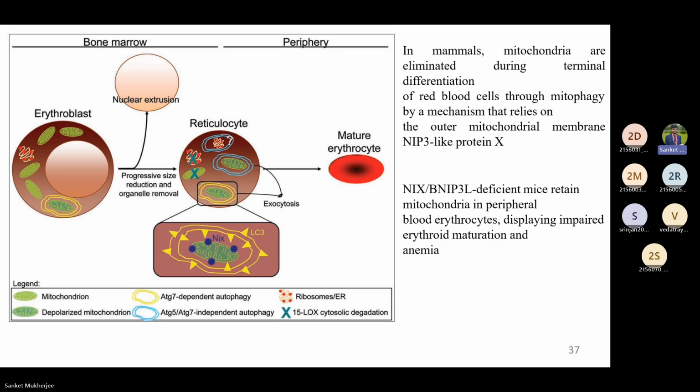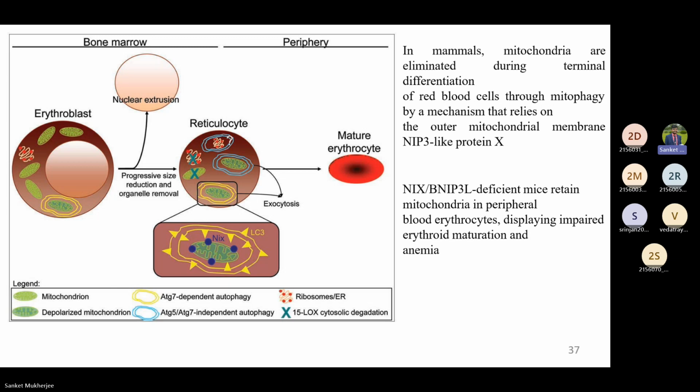As I told you previously, erythrocytes, when they mature, lose their nucleus and their other organelles, like mitochondria, which are also lost by the RBCs.